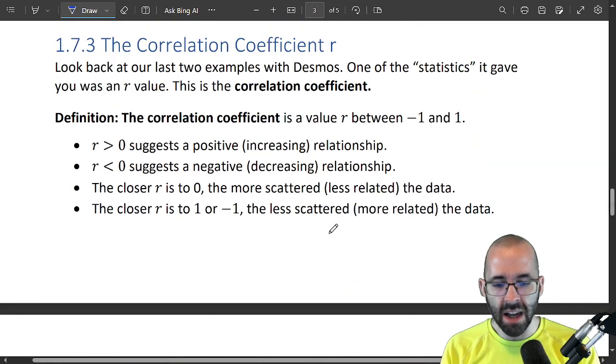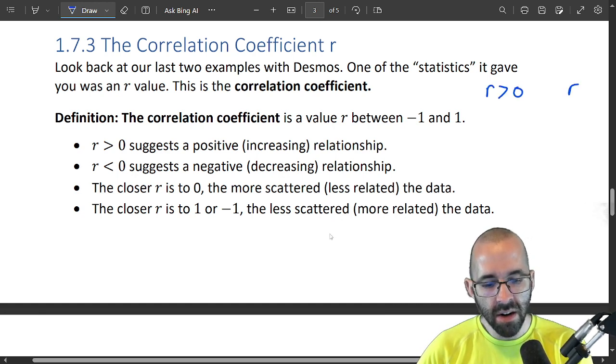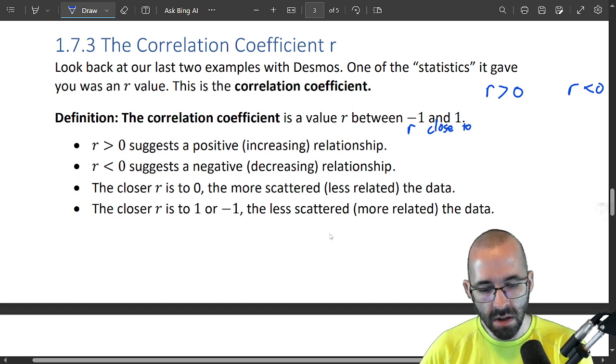So we could make a little table. Let's look at what happens if we have a positive R and a negative R. Let's say that R is close to 0, and R is close to 1 or -1.